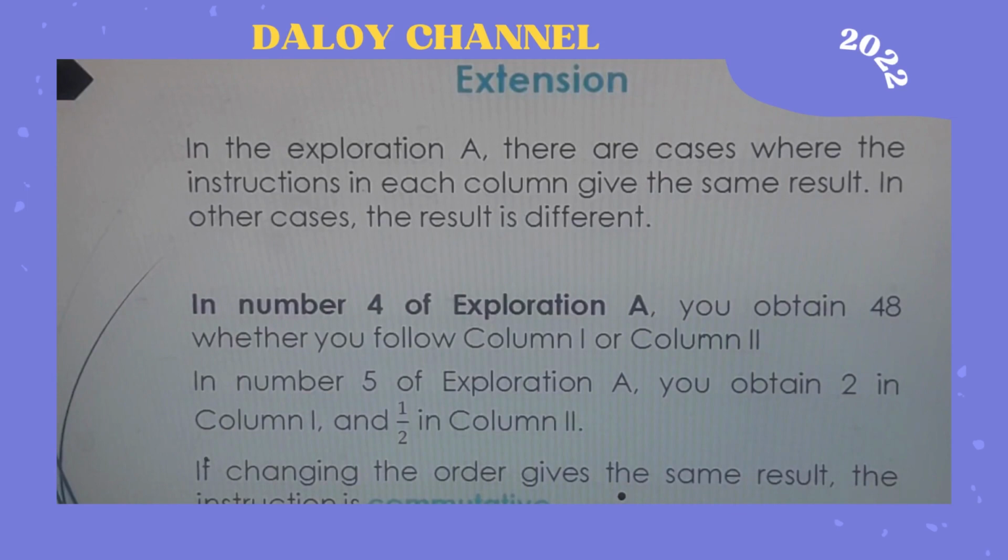In number 5 of exploration A, you obtain 2 in column 1 and 1/2 in column 2. So if changing the order gives the same result, the instruction in that case is commutative.